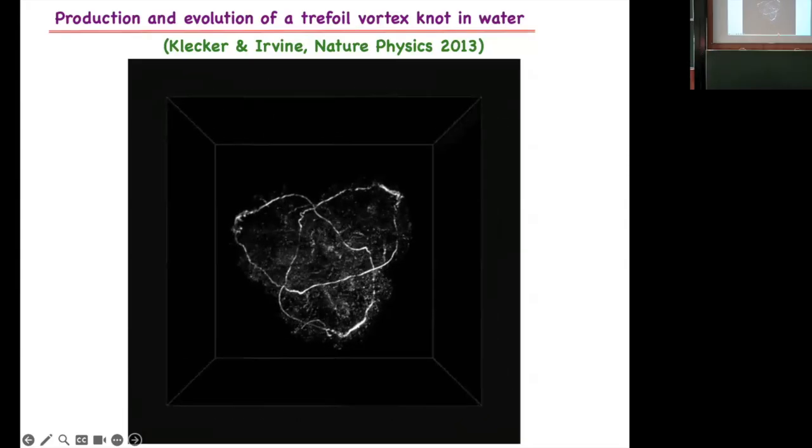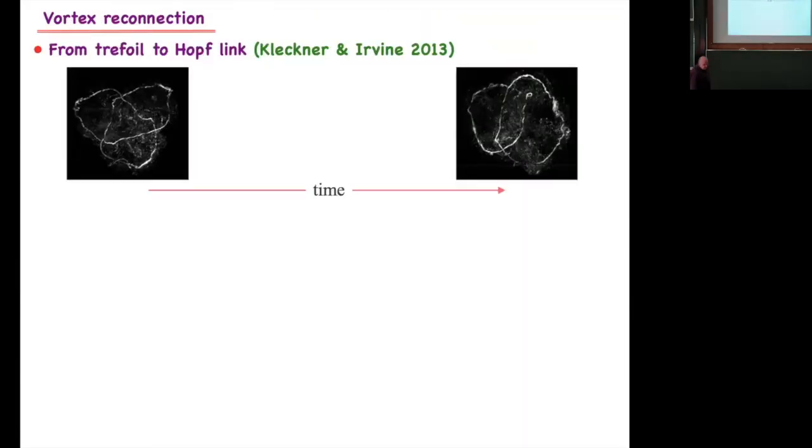There is a reconnection of strands that I'll focus on in a moment. And then after that, I don't know why it stops here. Maybe there are two videos and I'm playing the wrong one. Anyway, this is the situation. You have a trefoil knot, and after some time there is a reconnection somewhere to produce a Hopf link.